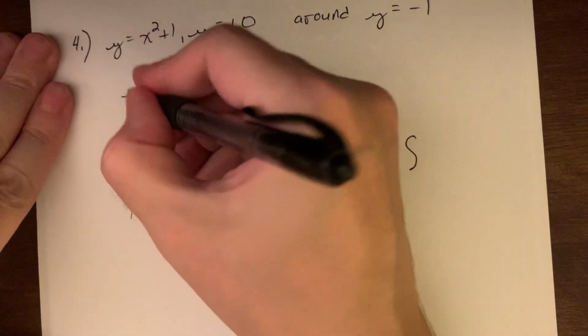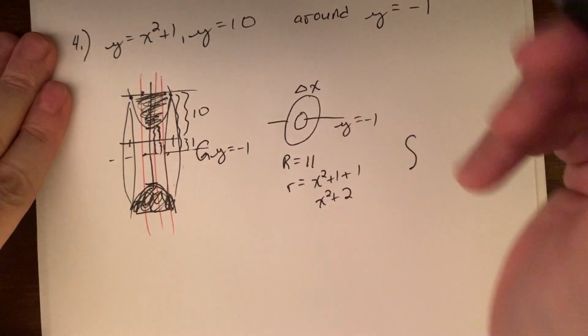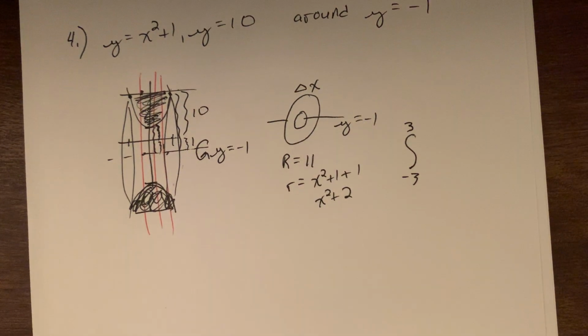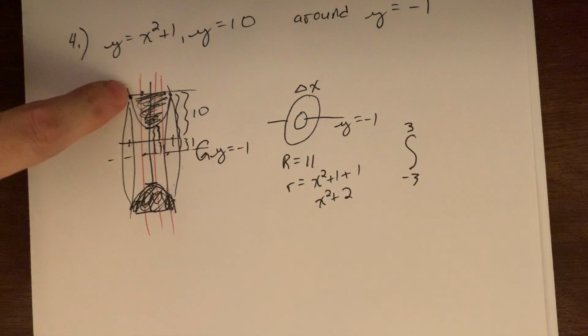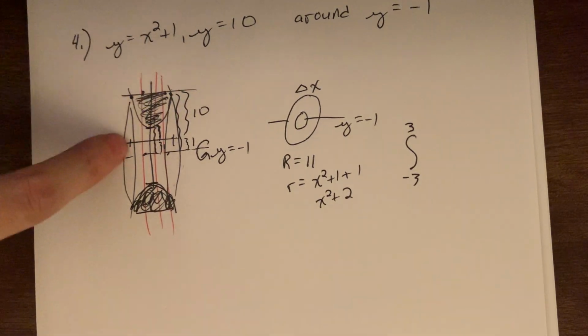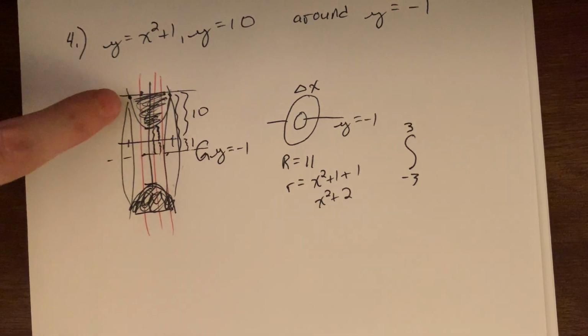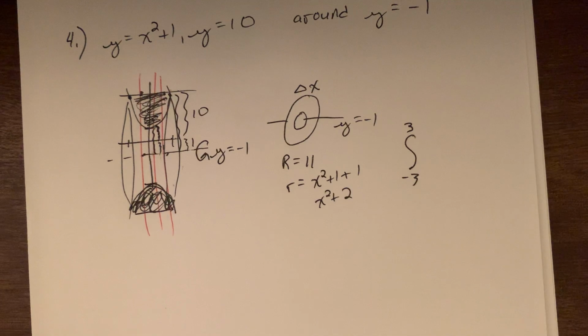My bounds are still from here to here, so on the x-axis here to here, and that's still -3 and 3. It's the same work I just did a moment ago, everybody, so I'm not going to do it again, right? I just looked at these 2 points setting up my x endpoints, my left and right bounds, and that's where these 2 intersected, so I set them equal and solved.